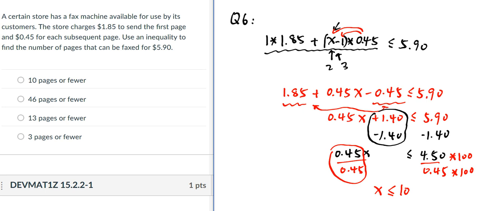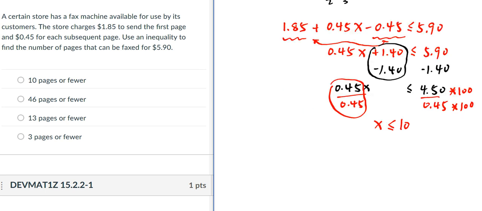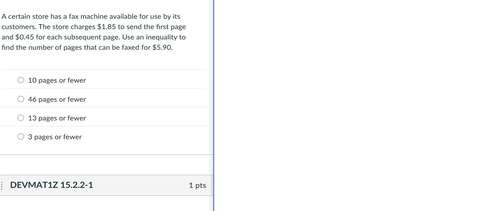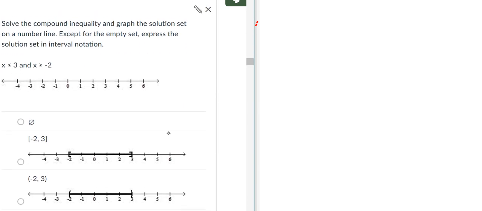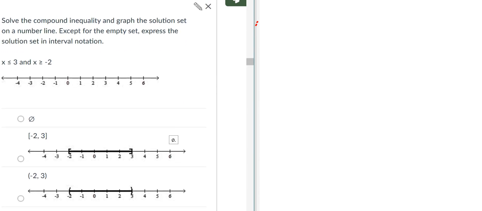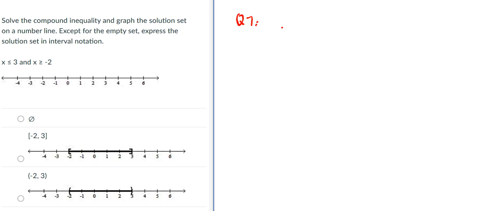Now, let's see question 7. Question 7 is we want to solve the compound inequality.